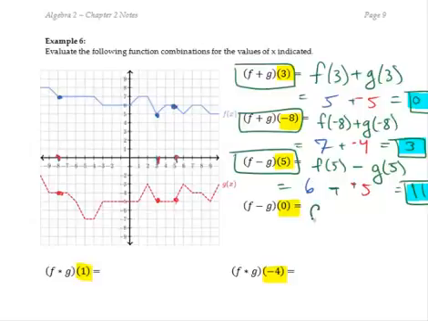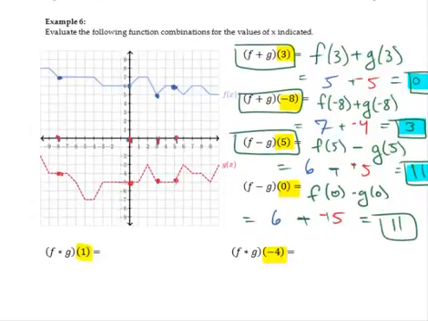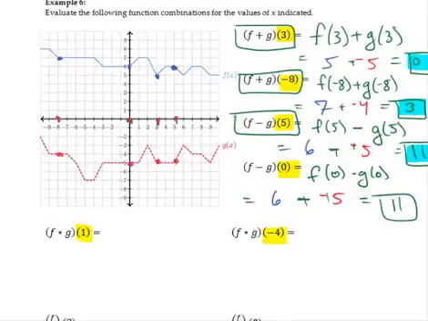Let's do another one here. F of 0 minus g of 0. So at 0, here's 0, f is a 6, and g at 0 is a negative 5 again. So we get 6 plus 5, which is also 11. Now let's try some ones that have multiplication and division.